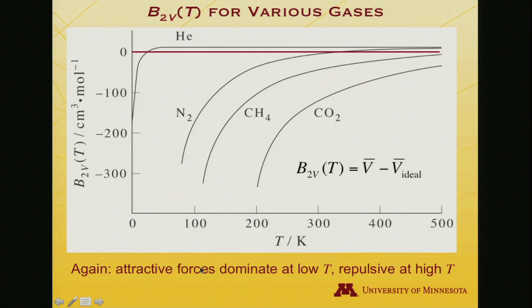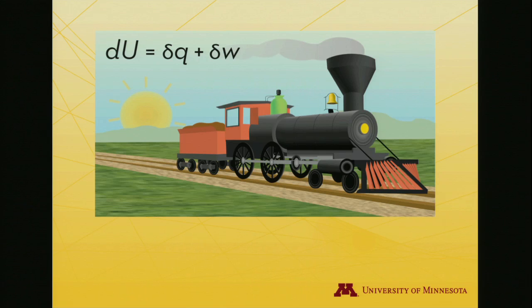And so again, what we're seeing is that attractive forces are dominating in the low temperature region, that all of these gases are occupying less molar volume, and we're seeing that expressed as B2V. And ultimately, we get repulsive at high temperature. They all pass through. Once you're on this side of the line, your molar volume, because you've got positive B2V, is larger than the ideal gas volume. So they must be repelling each other and being forced to occupy more space.